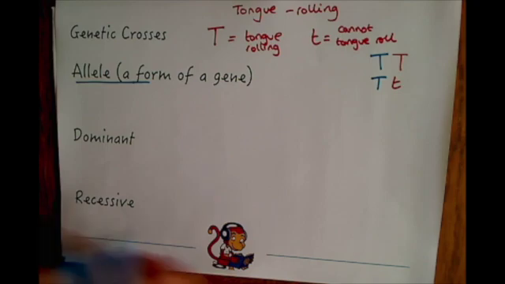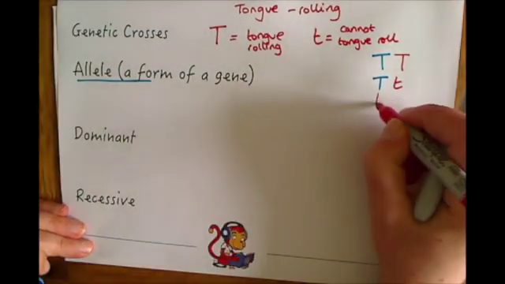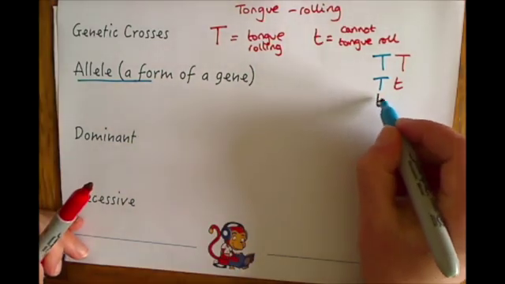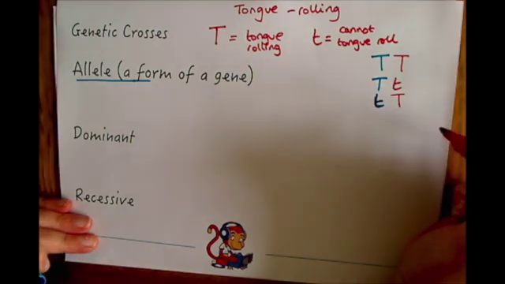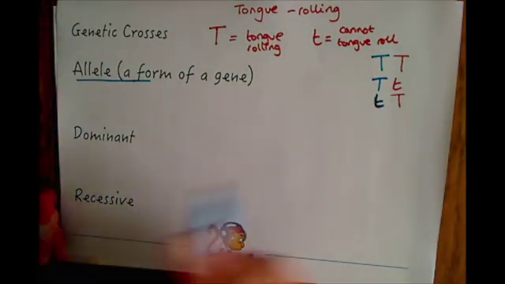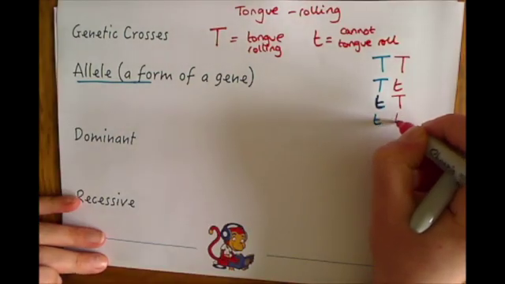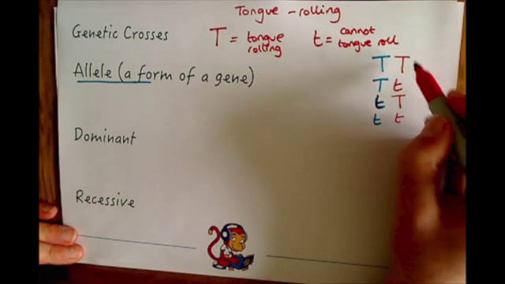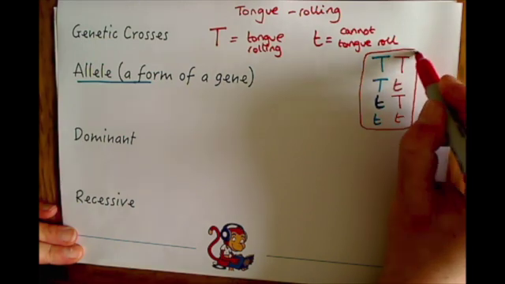The father could give the lowercase t and the mother the uppercase T, and the father could give the lowercase t again and the mother the lowercase t. So there are different possibilities for the alleles that you might get, the versions of the gene that you might adopt from your parents.